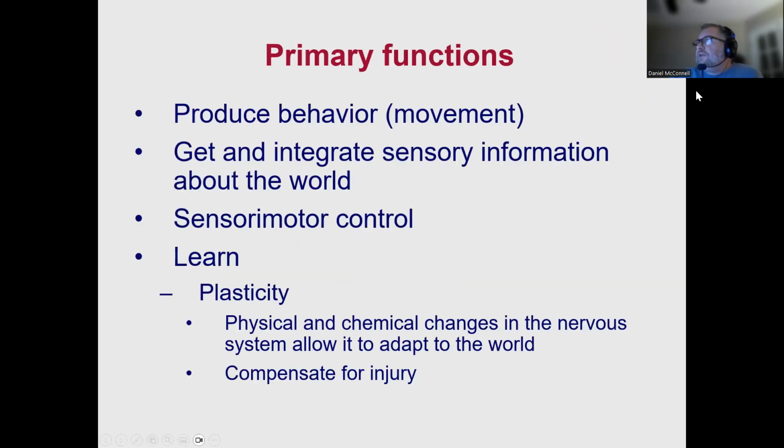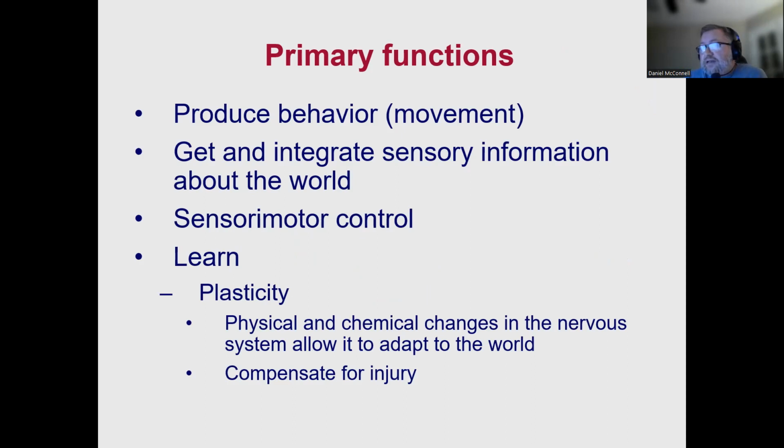So first thing we want to talk about is the basic functions. It's part of the physiological side of the nervous system. And this connects back to a lot of things covered in chapter 1, right? The reason we have a nervous system is to be able to control the movement of our bodies, but also to, of course, sense the environment.